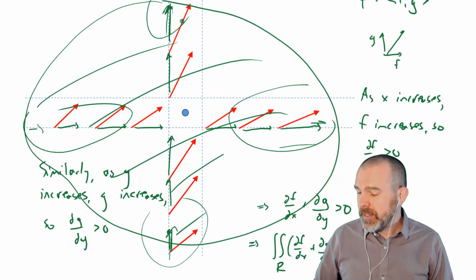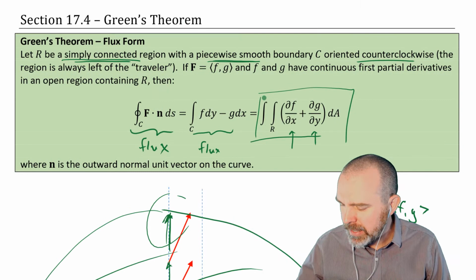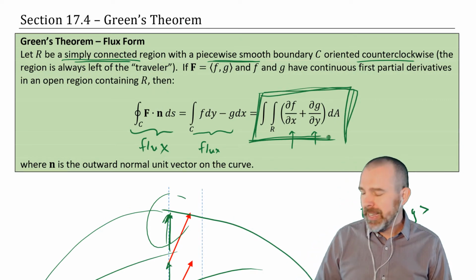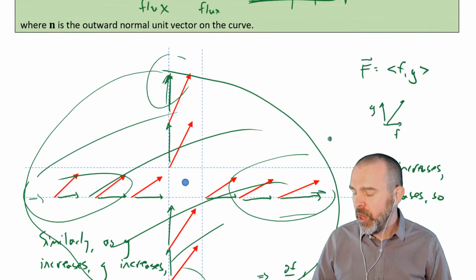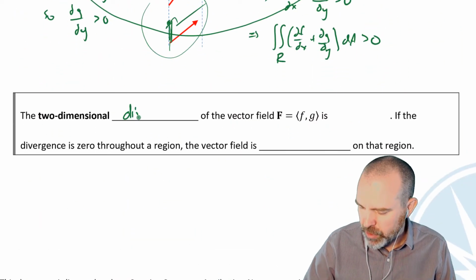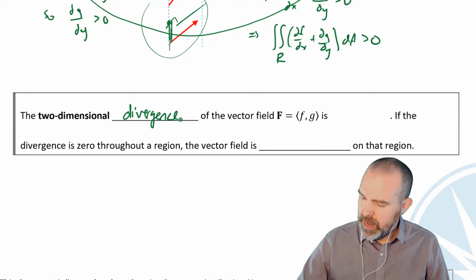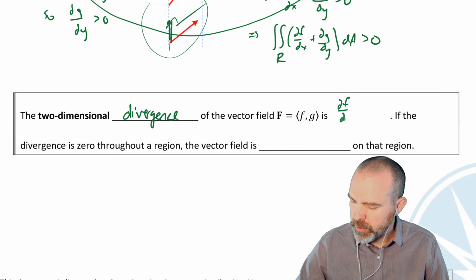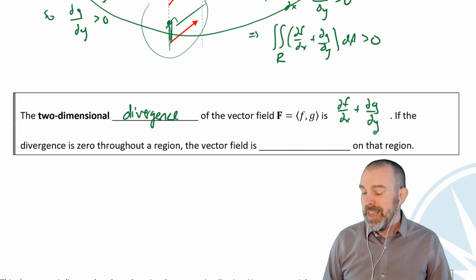What this is saying is that this thing on the right, this double integral over the region inside, is a new quantity called the divergence. The two-dimensional divergence of the vector field is this partial derivative of f with respect to x plus the partial derivative of g with respect to y.